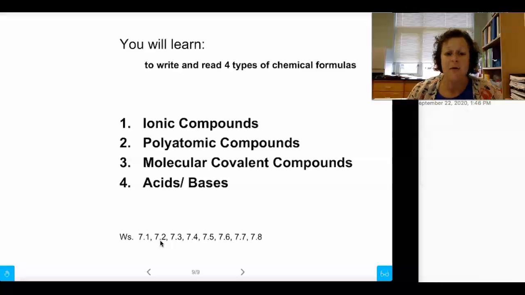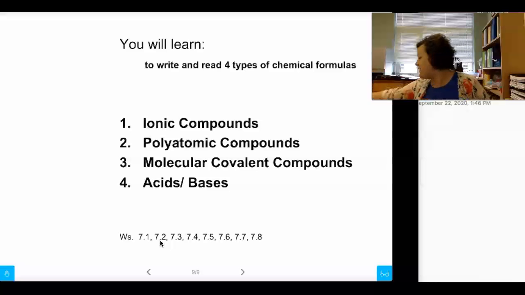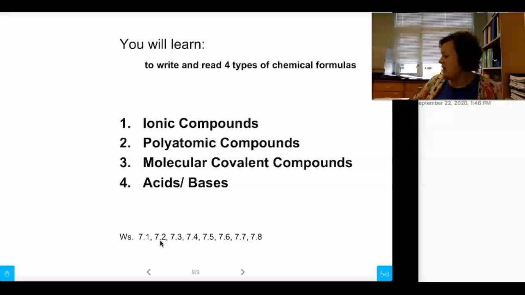I do want to go over the worksheet 7.10 and 7.11. Because the next thing we're going to do is bonding. 7.10 and 7.11 is a worksheet that ties all of the 4 lessons together.